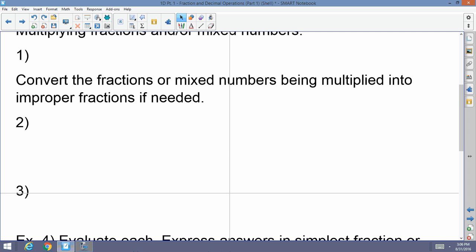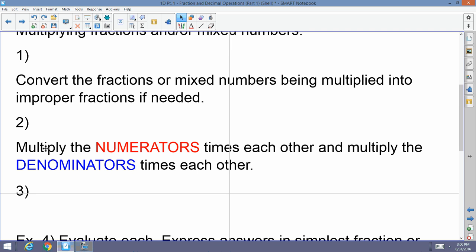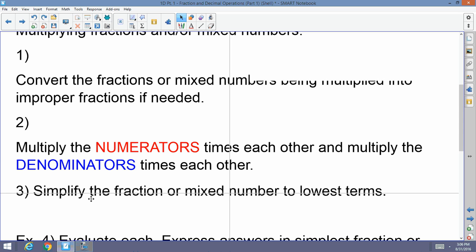Number two, go ahead and multiply the numerators times each other, and then multiply the denominators times each other. It's that simple. And then three, as always, simplify the fraction or mixed number to lowest terms. Okay? It's that simple.